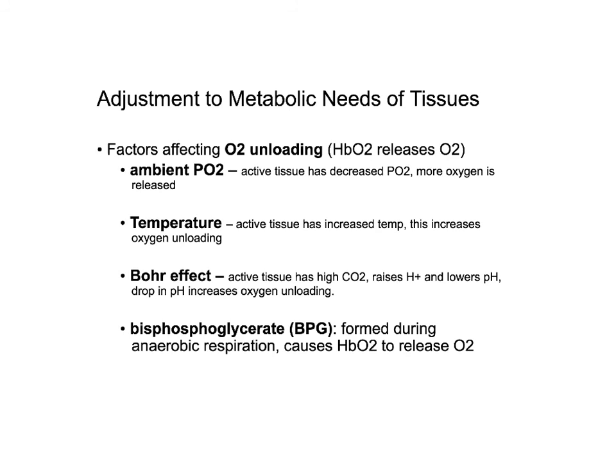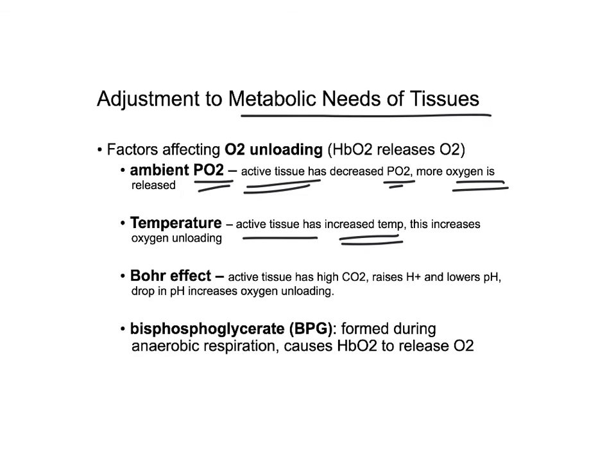Now what affects how the oxygen is dropped off? The first thing is how much oxygen is actually in the tissue. If the tissue is active, it's using the oxygen, so you need to drop off more oxygen. If tissue is active, the temperature is increased, so more oxygen gets dropped off. If the tissue is active, it has a higher carbon dioxide level, which means it has a higher hydrogen ion level, and that lowers the pH.